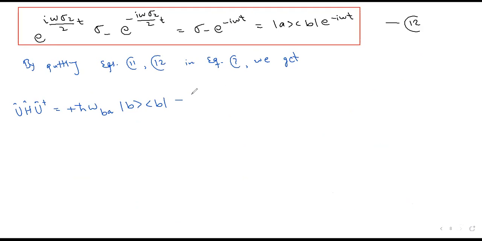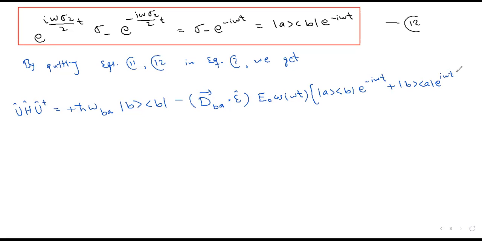Minus dBA E naught cos of omega t, A bra B e^(-iωt), I'm just putting the values, plus B bra A e^(iωt). We call this equation number 13.